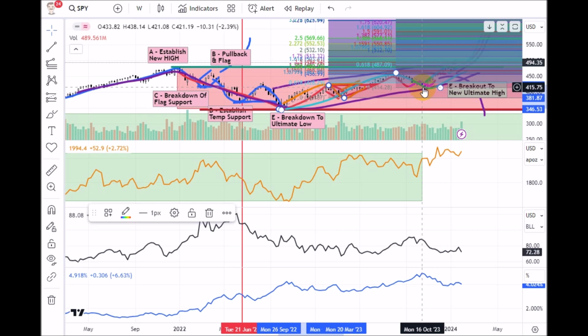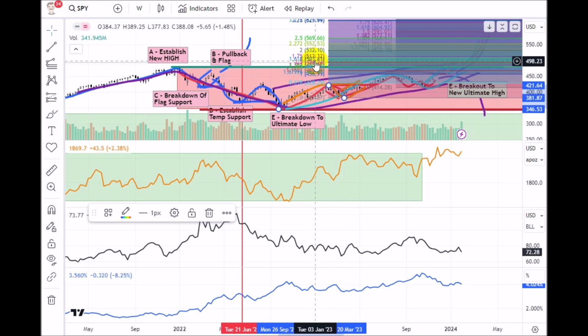So be aware that this is going to be a big move. This is going to be a very big move if my analysis is correct. If this is a wave 1 move up to here, this is wave 2, this is wave 3, we are looking at a move up to 591 to 568 in the SPY. Very big move, folks. If we are looking at this as the base for our pattern, then we are looking at, do the math here, 494, which we're already at, to 232 roughly.